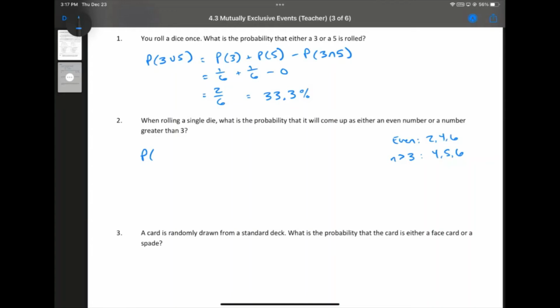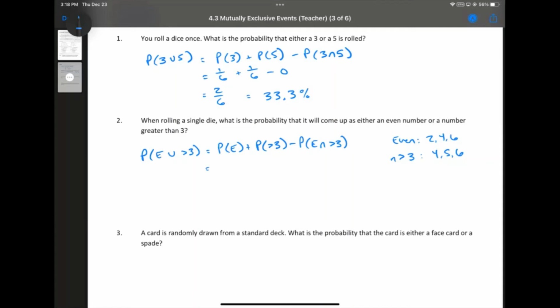Now again, that's not supposed to be a mathematical statement, that's just a descriptive statement. So usually we don't have unions and greater than symbols in the same thing, but this is just a brief abbreviation. And that should be the probability of getting an even number plus the probability of getting greater than 3 minus the probability of even and greater than 3.